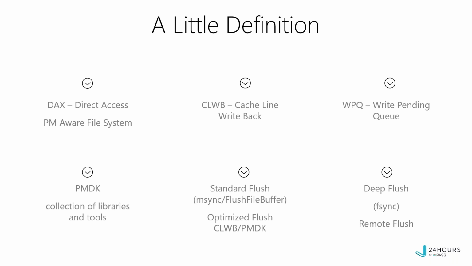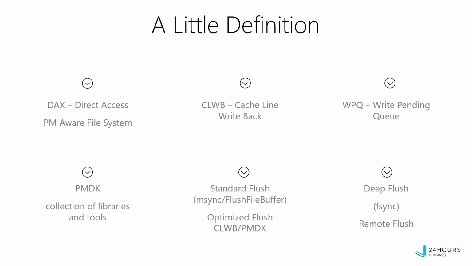CLWB, or cache line write back. Basically, it's an instruction that tells the CPU to flush its cache lines, L1, 2, 3 cache lines, to the memory controller on the hardware. So the contents of the caches are flushed to the memory controller, and that's what the instruction CLWB does.